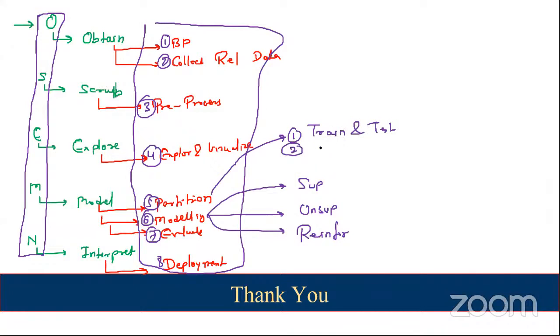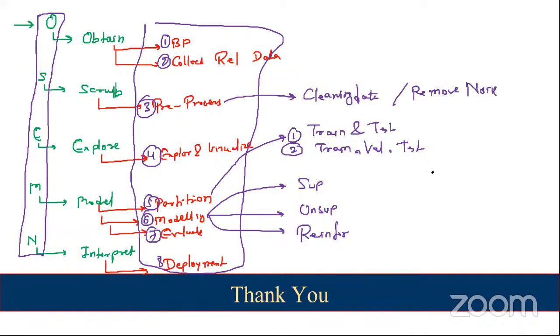And the second is where you divide your data set into train, validation, and test data sets. Okay. Pre-processing is all about cleaning data, or call it removing noise. Okay.